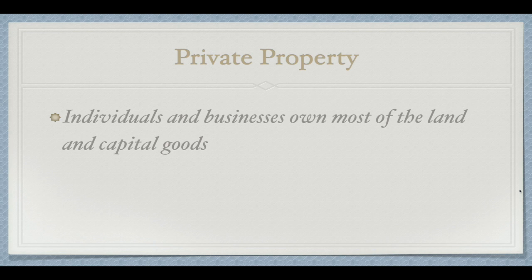And that's important because the government does not own, especially in the U.S. or the state, a good chunk of the land. They own some of it, and they own different parts around the country and around the state. But for the most part, most of the land is owned by private citizens.